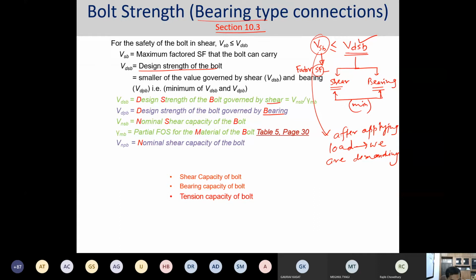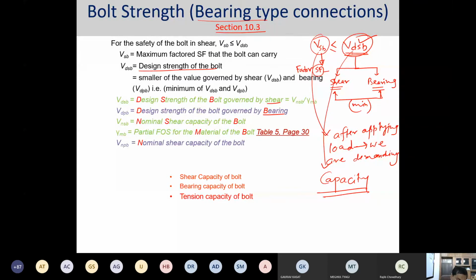But what does VDSB mean? VDSB is the inherent capacity of the strength that is there. So if the demand is equal to capacity, then the structure is safe. If the demand is less than capacity, the structure is also safe. If the demand is more than the capacity, then obviously the structure will start failing.